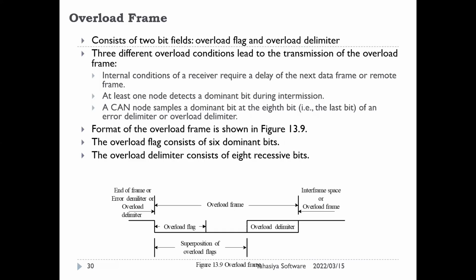Again, the active error frame will also have the same. But the only thing is, the overload frame will be transmitted by the receiver only. Error frames are not like that. An error frame will be transmitted by every node.